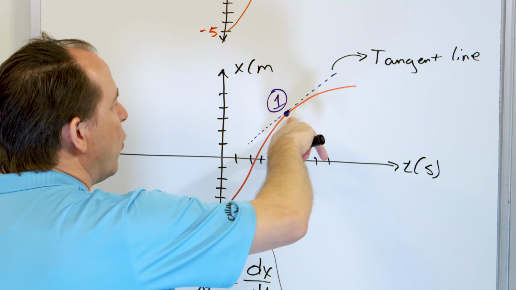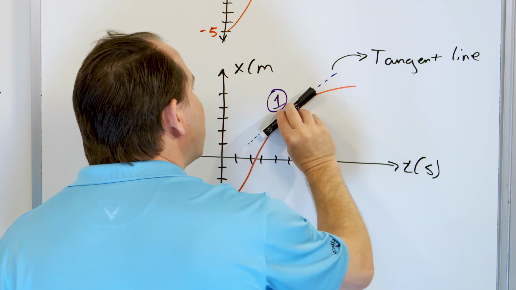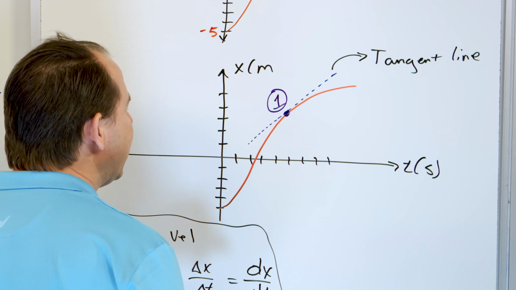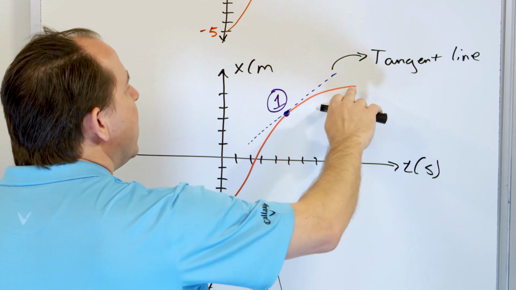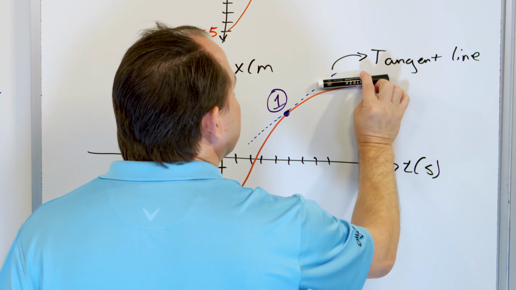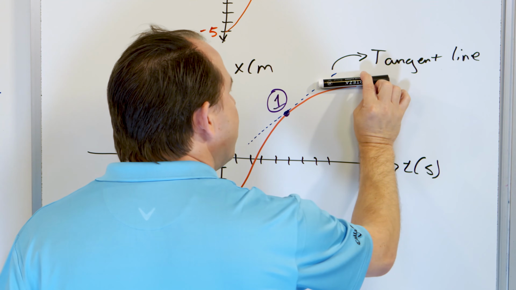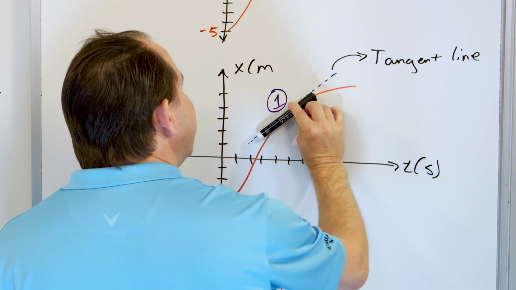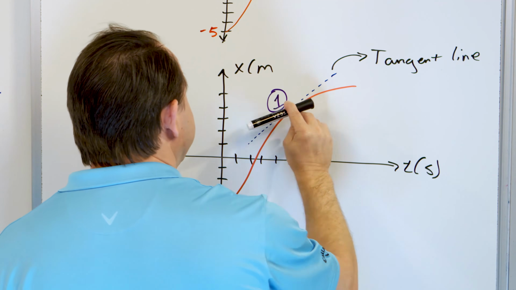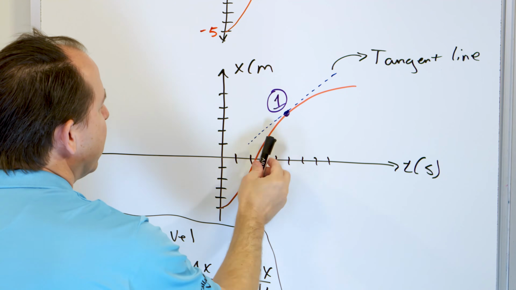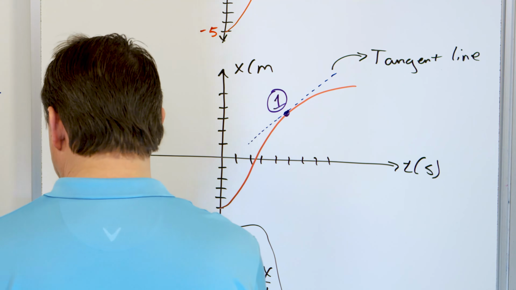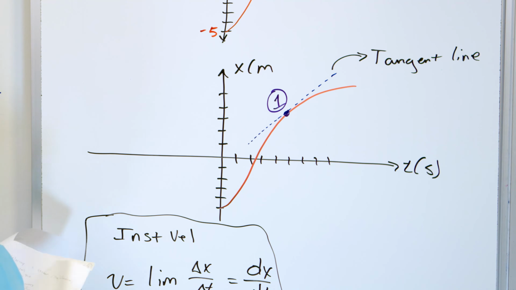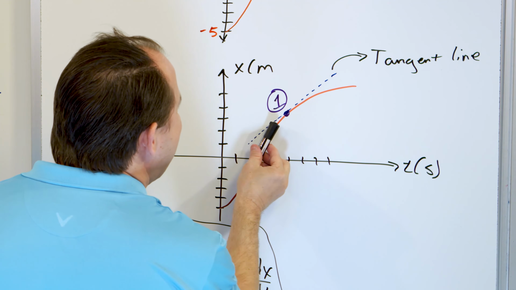So this is point number 1. The slope of the line tangent is called the velocity, right? Now, over here, what is the tangent line going to look like? It's going to be shallower, almost 0. So it has a lower velocity here, right? The slope is in the middle here, so it's a middle velocity. What is the slope of the line tangent to the curve here? The slope of the line would be approaching something like this, a very high slope.